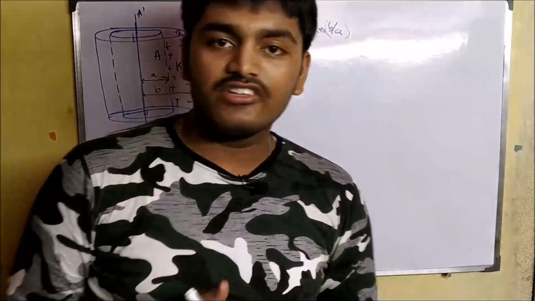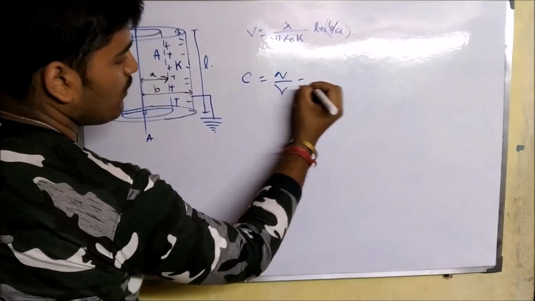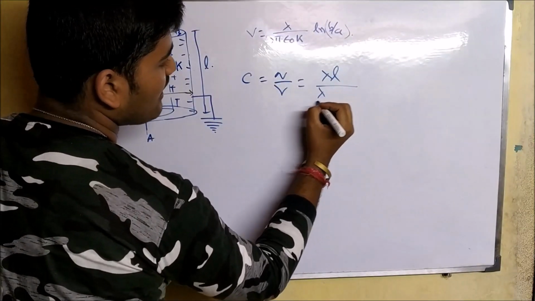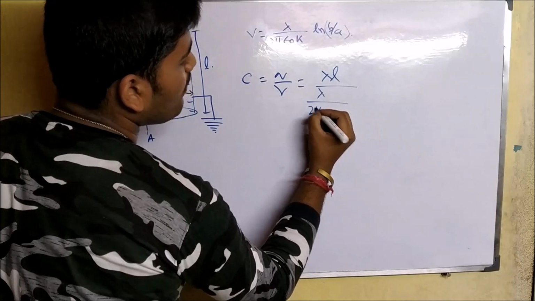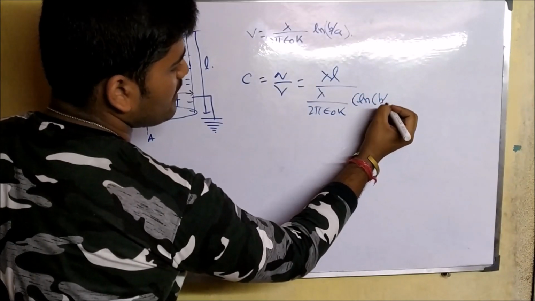So we know that capacitance C equals Q by V, where Q equals λL and V is the achieved value, λ divided by 2πε₀K into ln b by a.